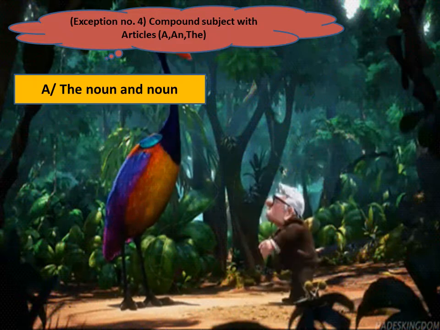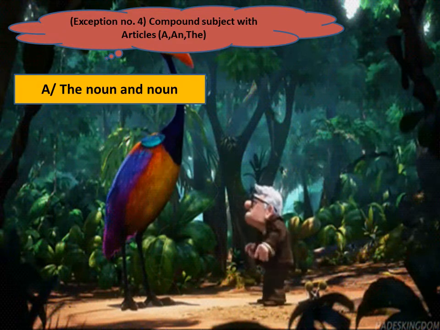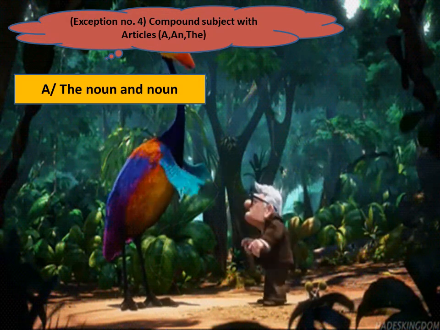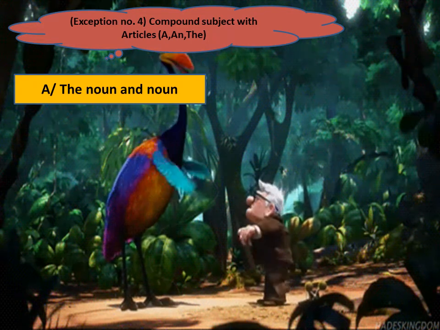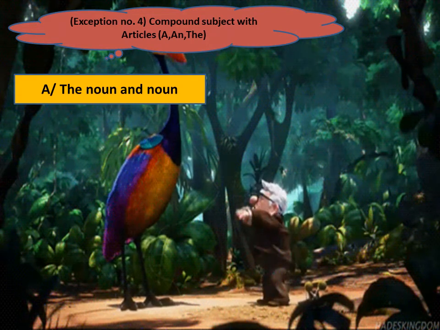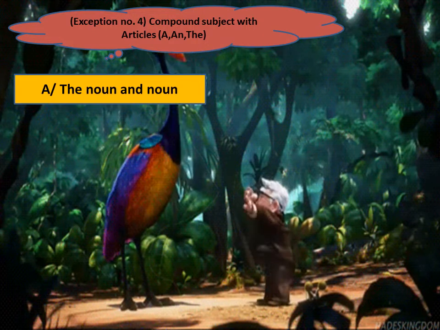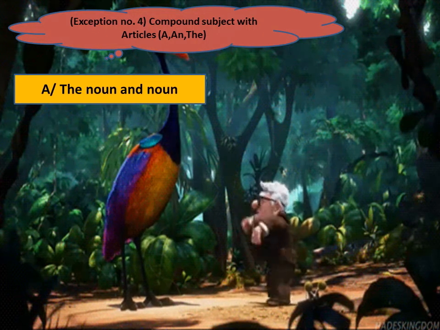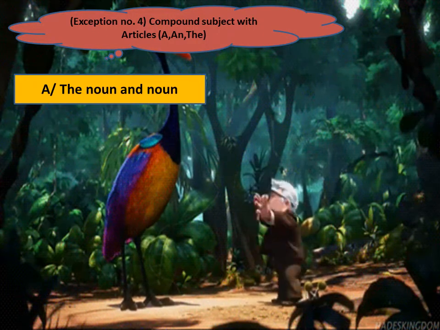So here noun and noun are combined with and, and you can see the article a or the is written before the first noun. If this kind of sentence is present, where either the article a or the is present before the first subject, the compound subject will act as a singular subject.